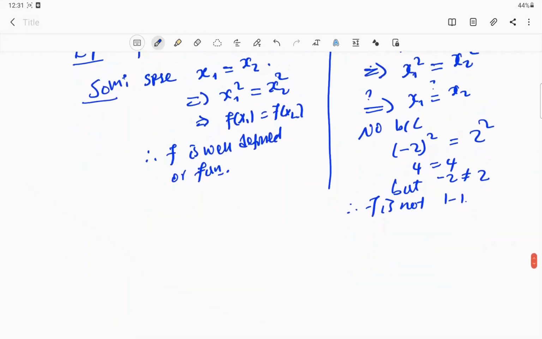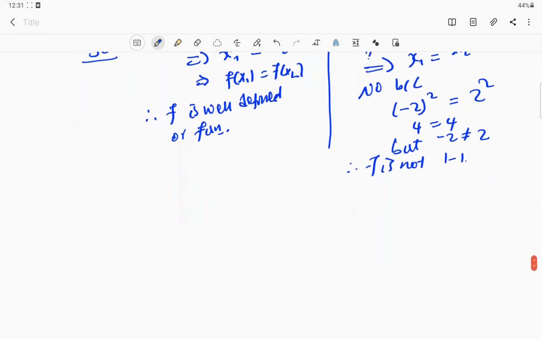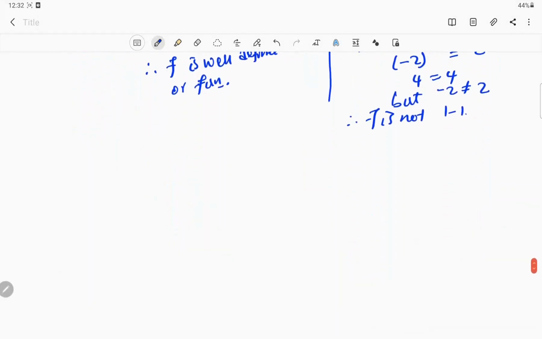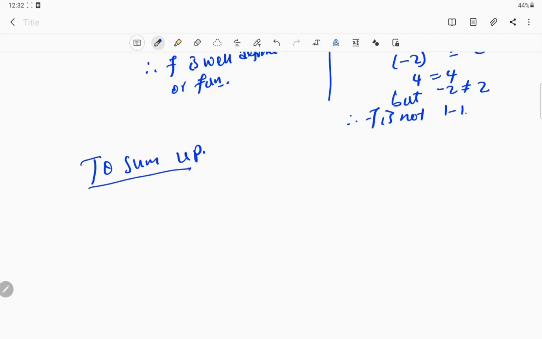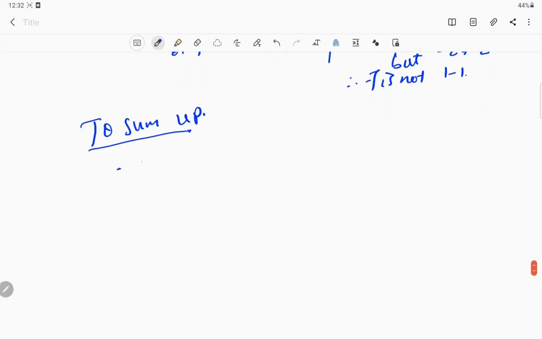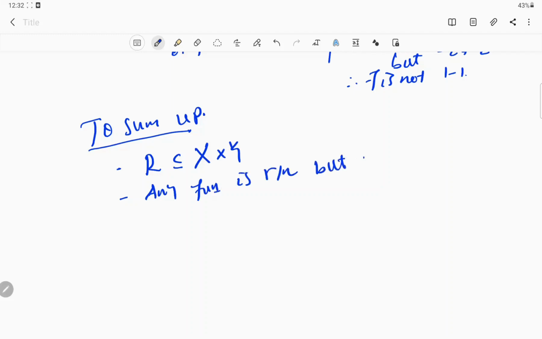So, to sum up, we say a relation R is any subset of the Cartesian product X cross Y, and any function is a relation but not the converse.